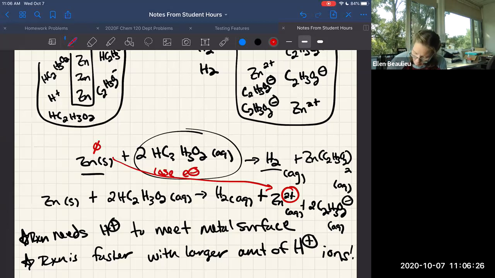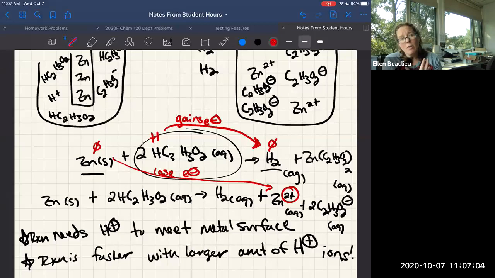Well, in this formula for the acid, the hydrogen has a +1 oxidation state, H plus, it's the source of my H plus, but hydrogen gas, elemental hydrogen, has a 0 oxidation state. So that hydrogen is getting reduced to be H2 gas. So you really need that H plus around because it's available to gain those electrons and become hydrogen gas.